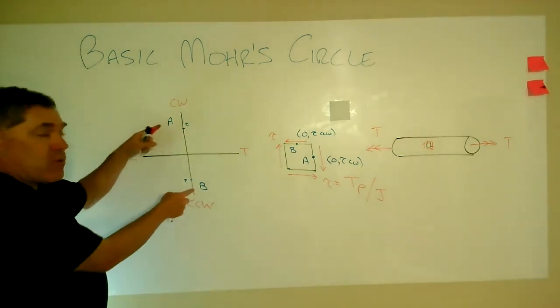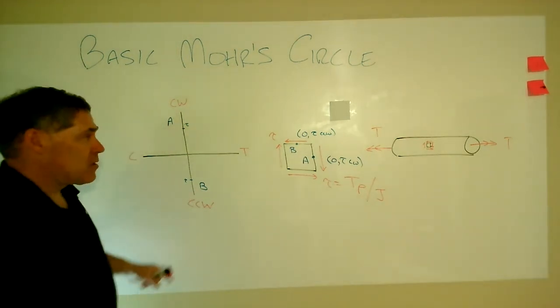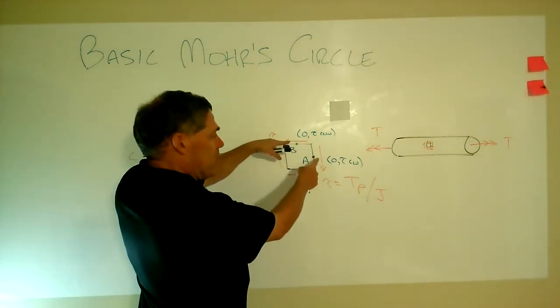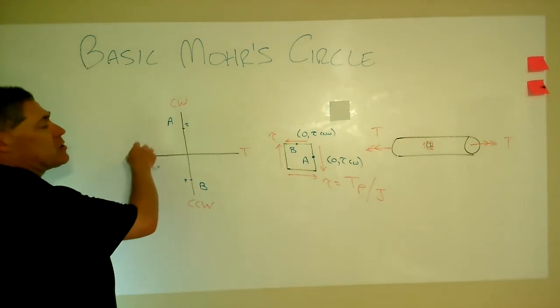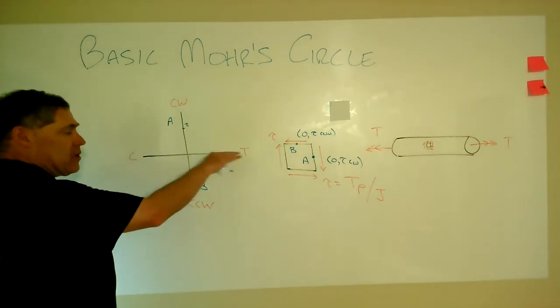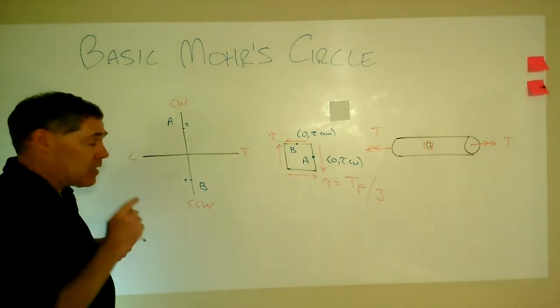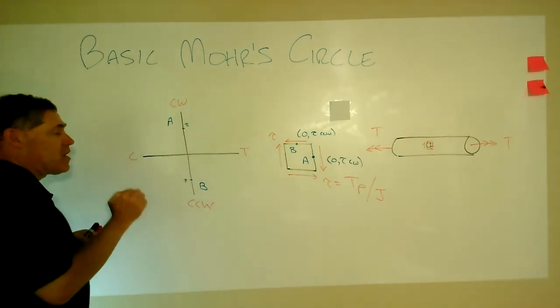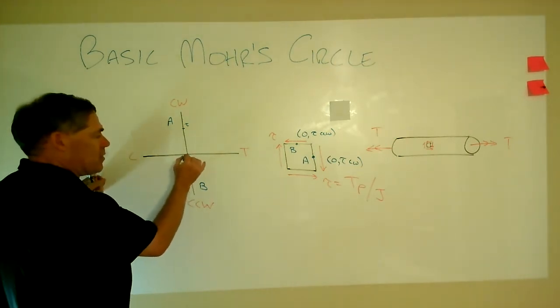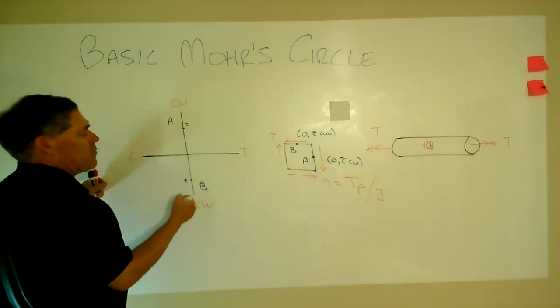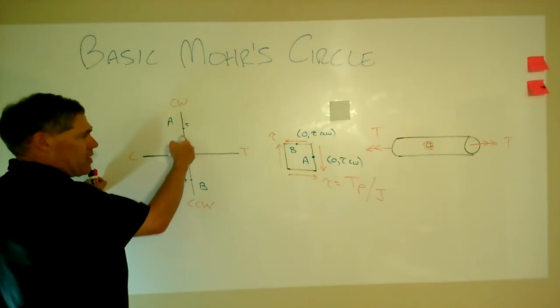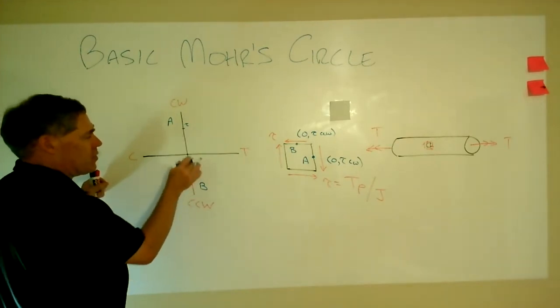Notice these two always have to be on opposite sides, because the shear stresses on those 90-degree planes are always in opposite directions. That means Mohr's circle is always centered on the horizontal axis. And this time, Mohr's circle is going to be centered right on the origin, because the origin of the whole coordinate system is also the origin of the circle. That tells us that the radius is the magnitude of tau.